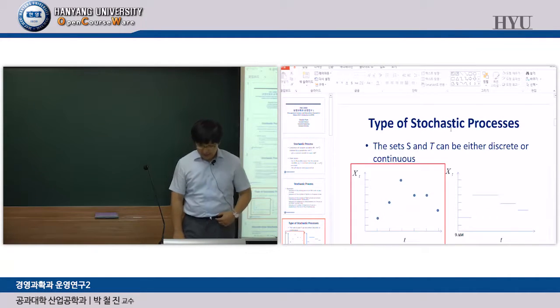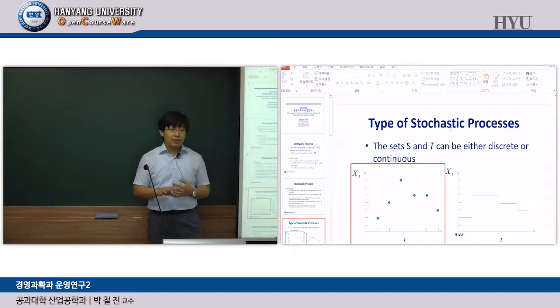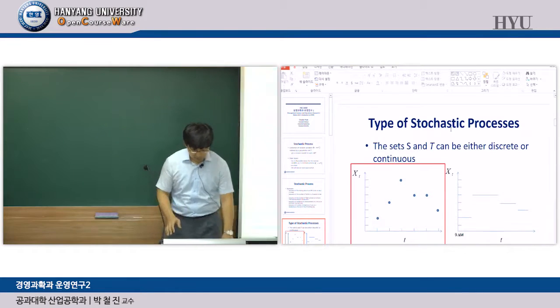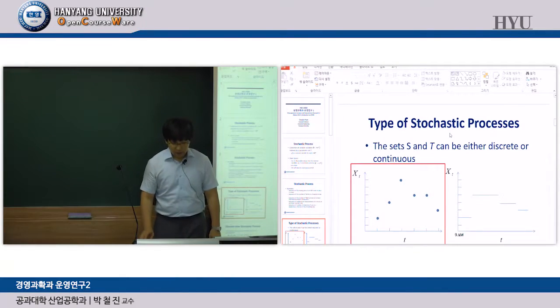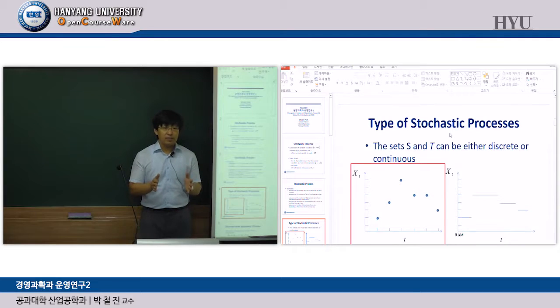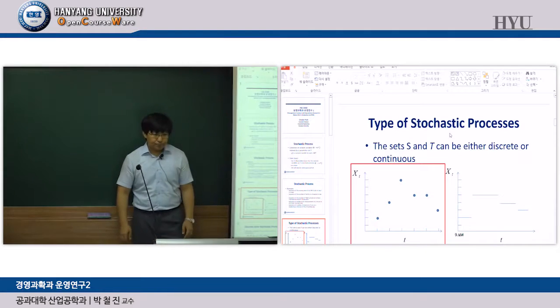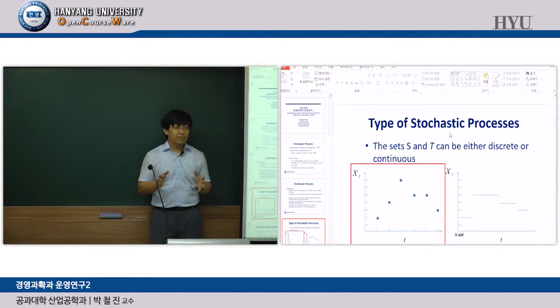And as I said before, we can categorize stochastic processes into 4 different types. First one, a stochastic process defined on discretized time with a discrete state space. Second one, a stochastic process defined on discretized time with a continuous state space.